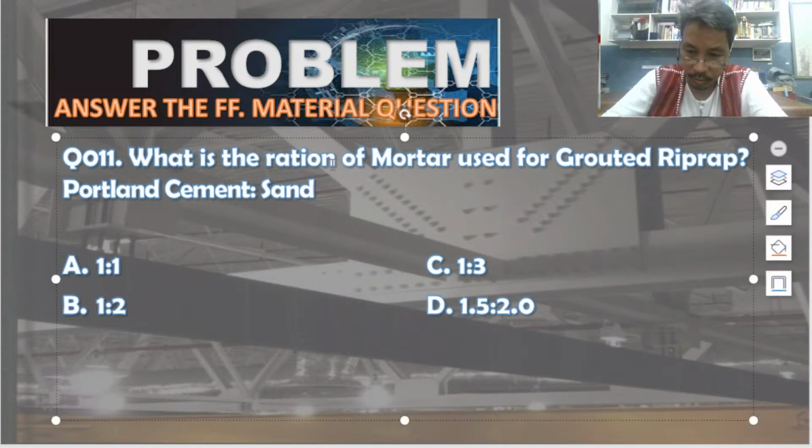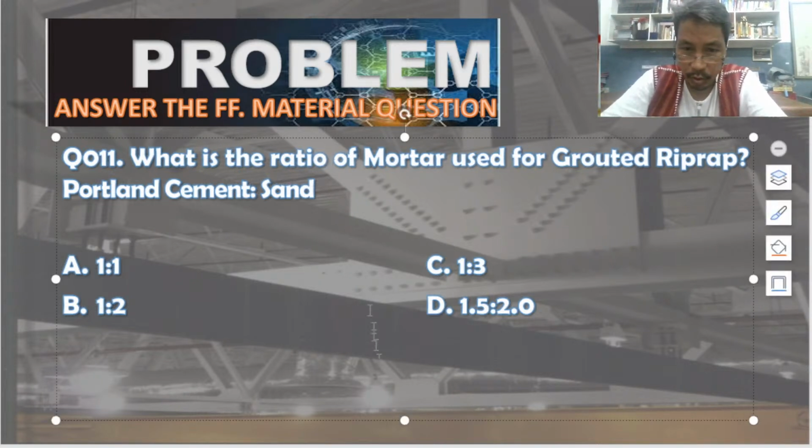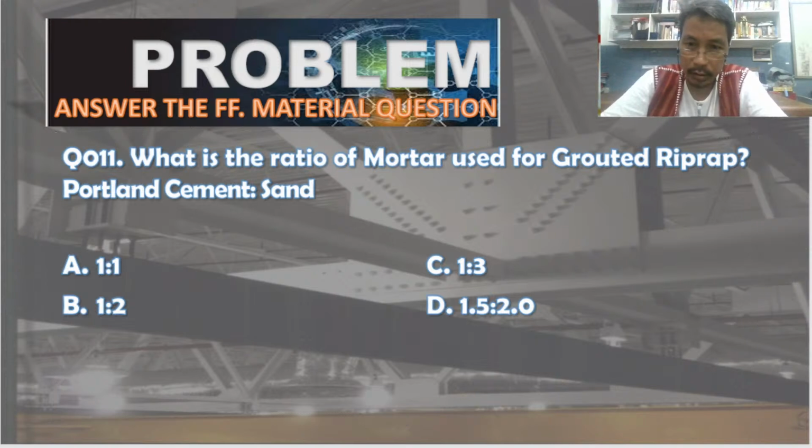This is a ratio of Portland cement to sand. A 1:1, B 1:2, C 1:3, D 1.5 to 2.0.